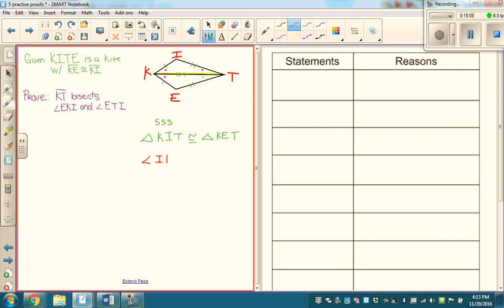And then I could also say that angle ITK is congruent to angle ETK.